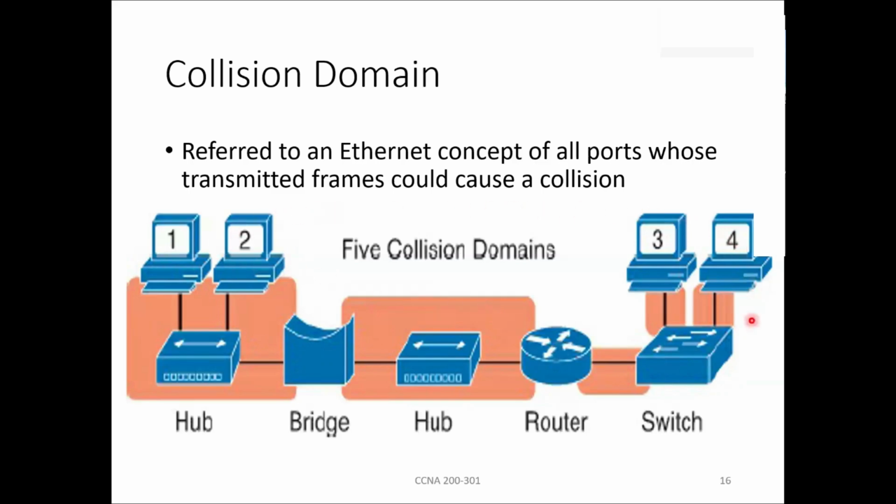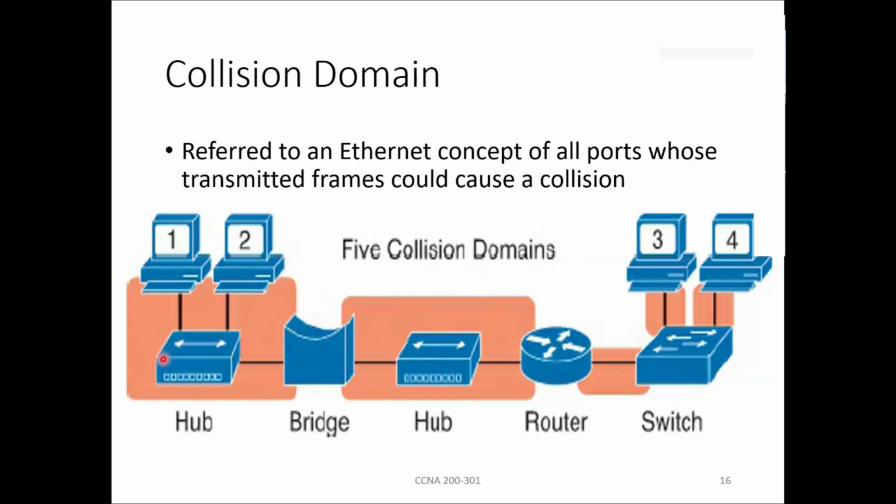So that's how in these pictures we can see this hub has one collision domain, then this hub has another collision domain, then this switch has 1, 2, and 3 links. So 3 collision domains. Altogether, we have 5 collision domains.